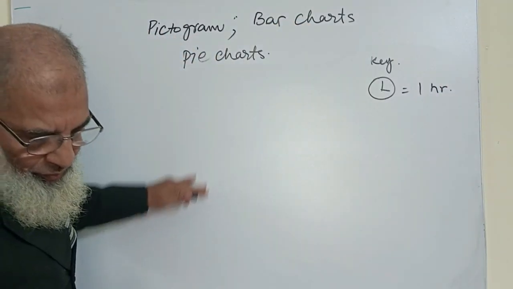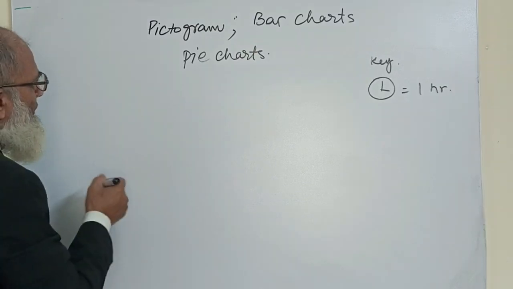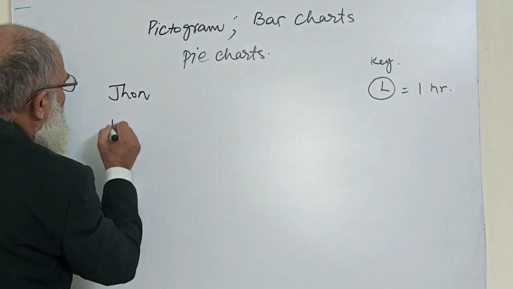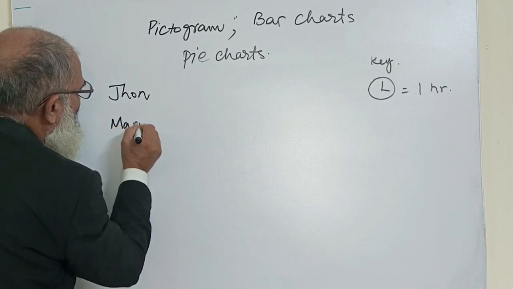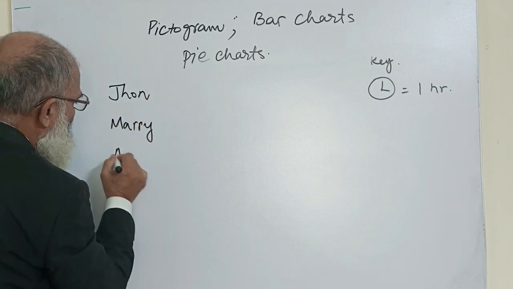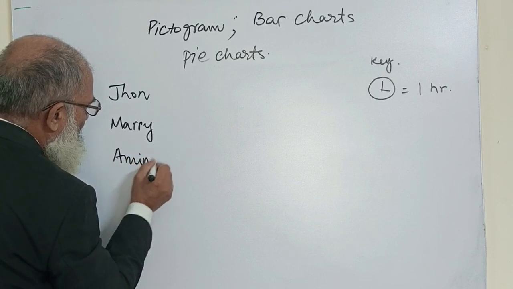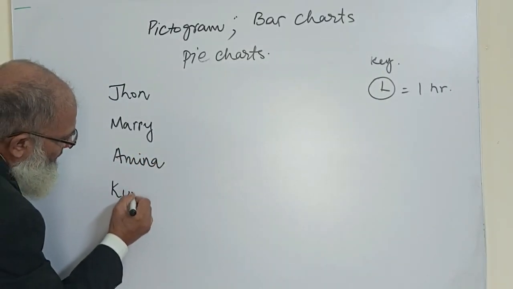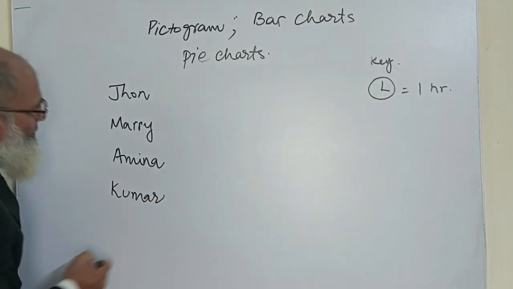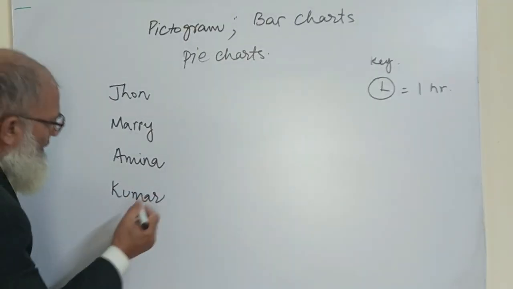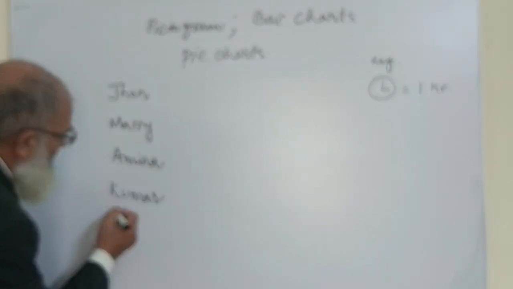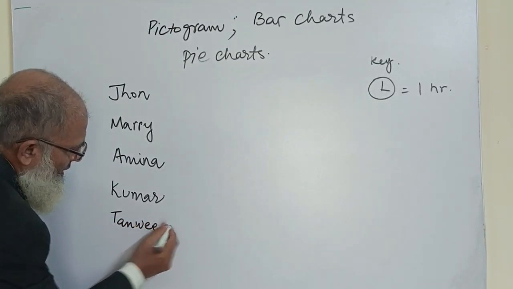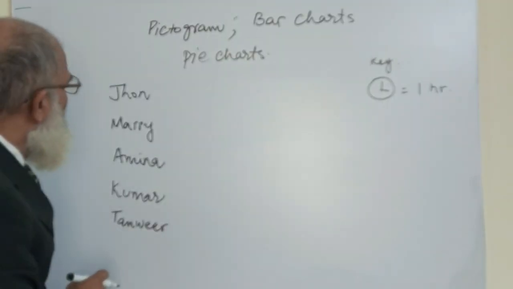Now there are 4, 5 friends: John, Mary, Amina, Kumar, and again Chanveer. I name. This is my name.